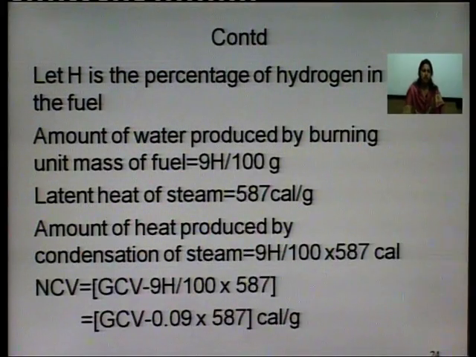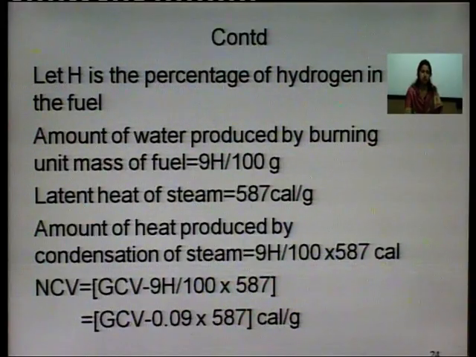The amount of heat produced by the condensation of steam is 9H over 100 into 587 calorie. So, 587 is the value of latent heat of condensation of steam.